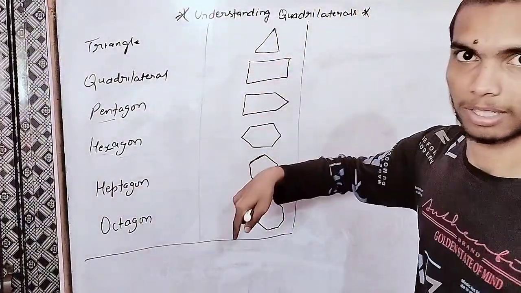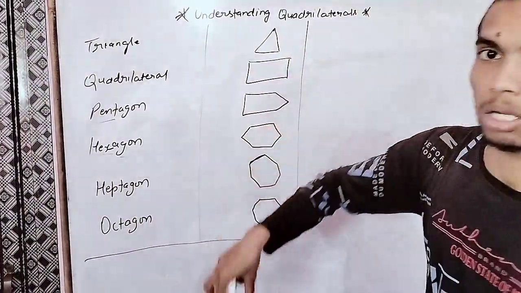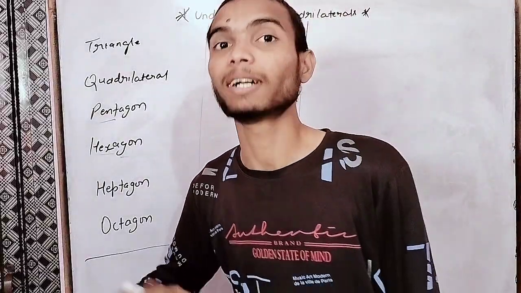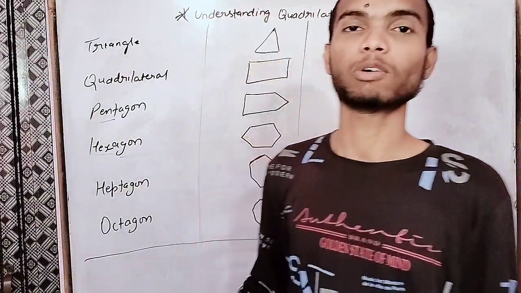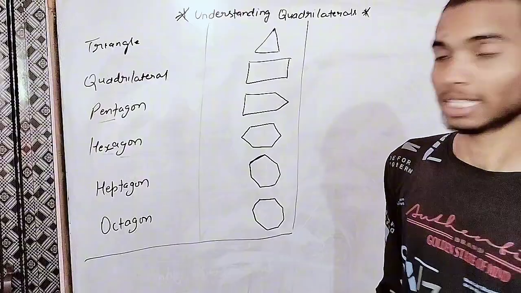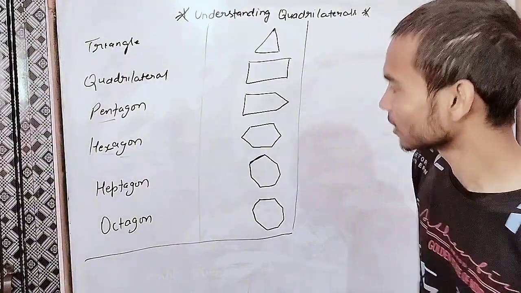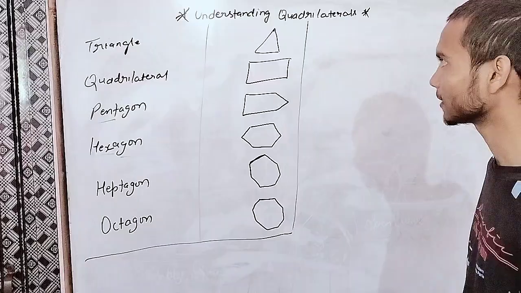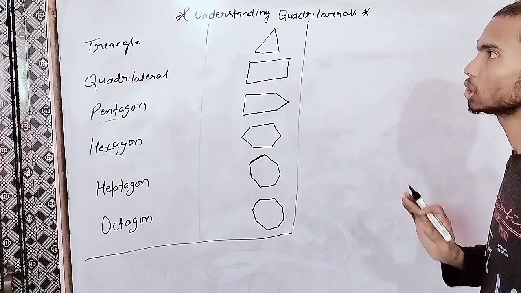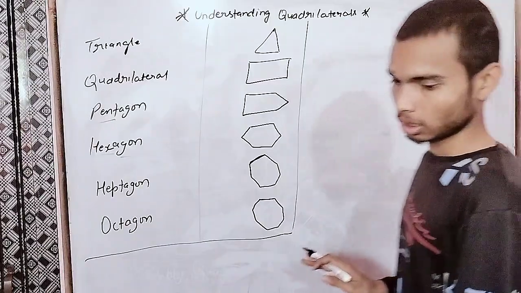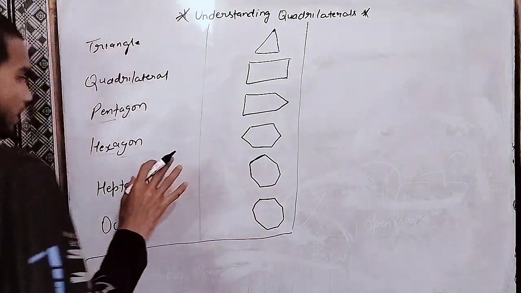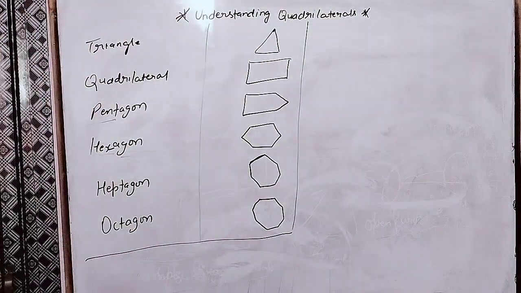These are curves, but they are made up with the help of line segments. Okay, clear? That's it. These are what you can remember. Then let's move to the next.